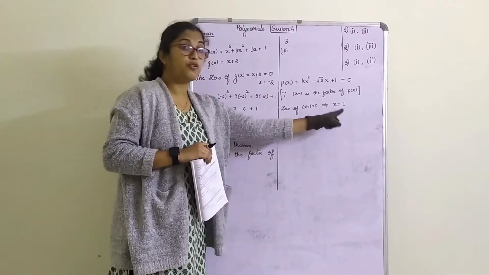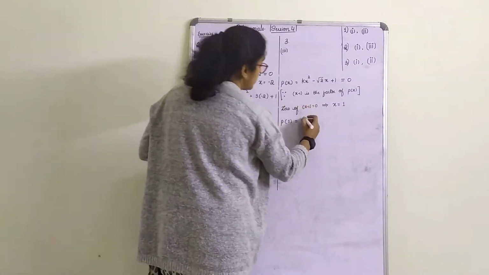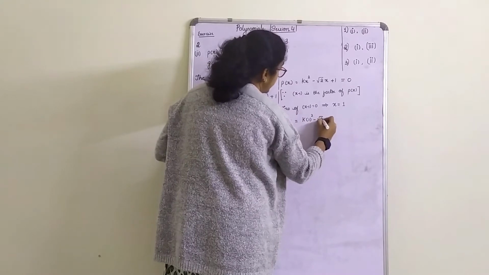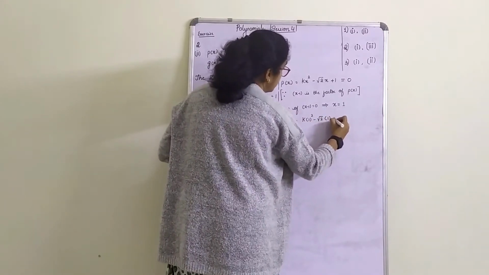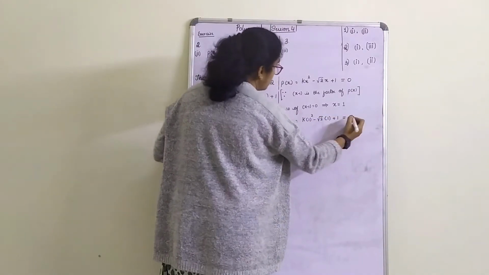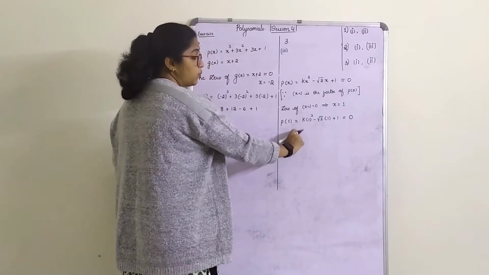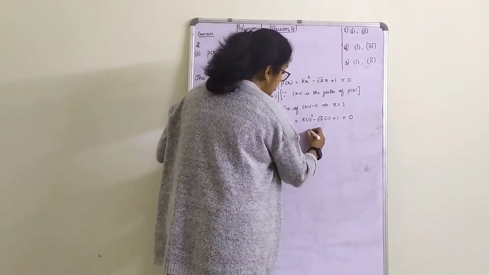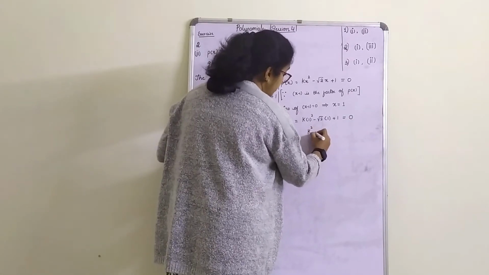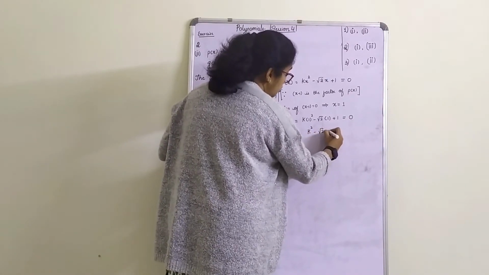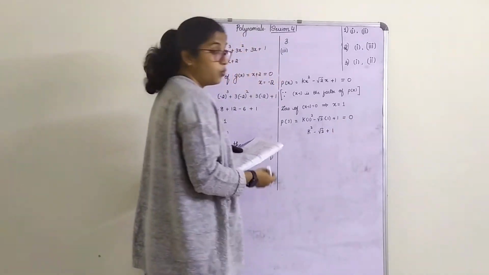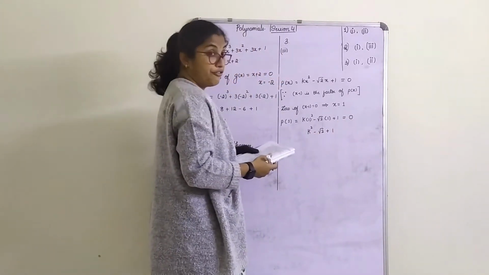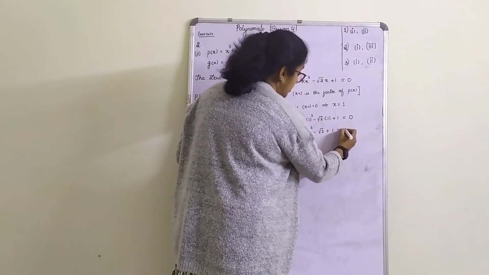But for writing it once, we will write it. K of 1 square minus root 2 of 1 plus 1 is equal to 0. Next time, do not write equal to here. For an equation, only one equal to sign should be there. So this is k square minus root 2 plus 1. So now you want to find the value of k here, equal to 0, sorry.